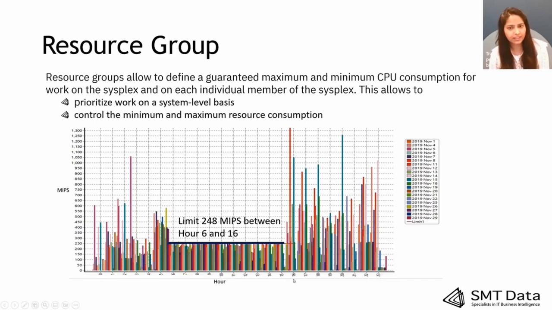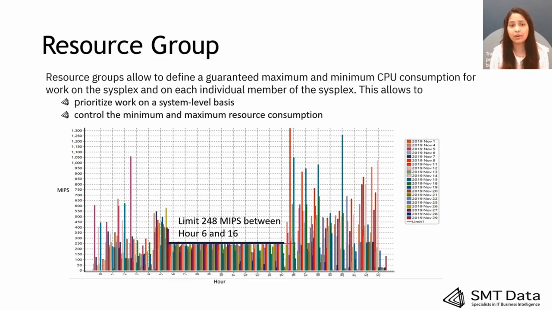You can see at the 16th hour, it suddenly jumps from 248 MIPS to 1300 MIPS. That's fine, after the online hours it can use it. That's okay for them. So this is the way we can control batch during online hours.